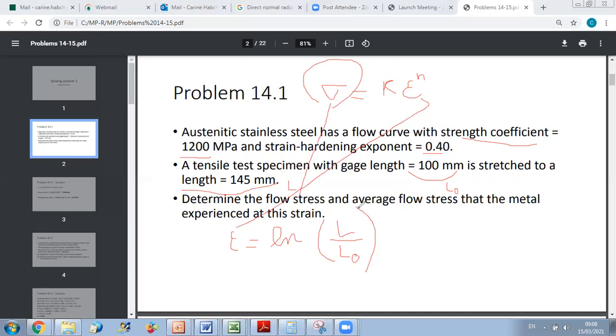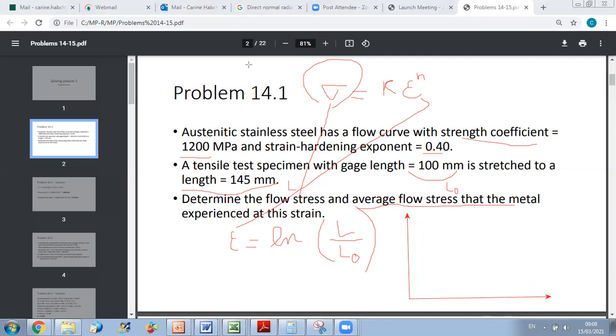Now, if I want to find the average stress experienced at this strain, when they talk about average stress, it means that we take it into account from the start of yield. Now you know that yield starts at a very small epsilon.